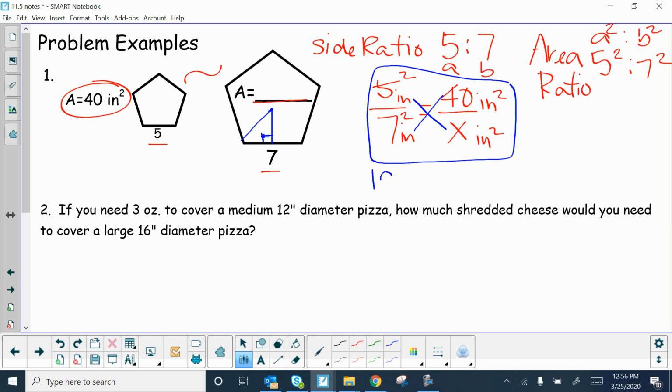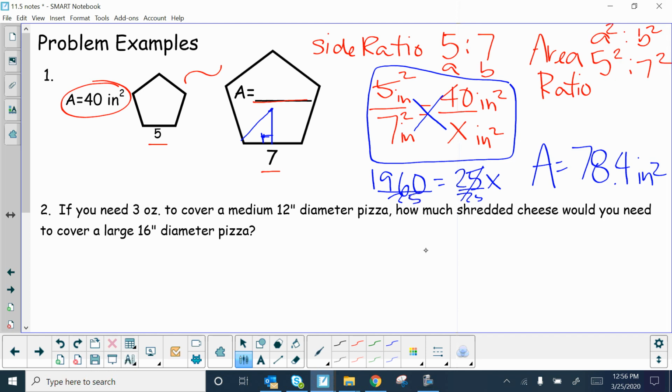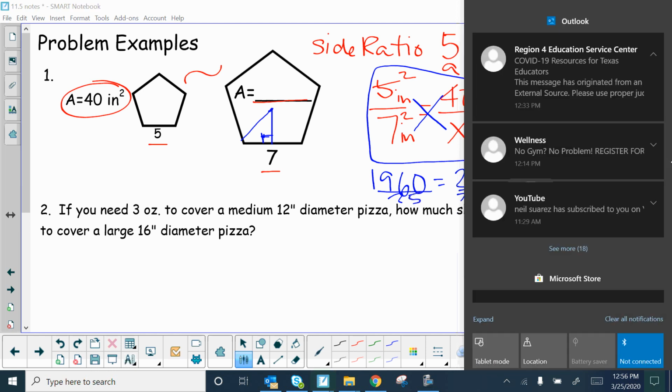That's 1,960 equals 25x. I'm making it 25 because I know 5 squared is that. So now I just need to divide by 25, and that's 78.4. So the area of the big pentagon is 78.4 square inches. And that's our answer right there.